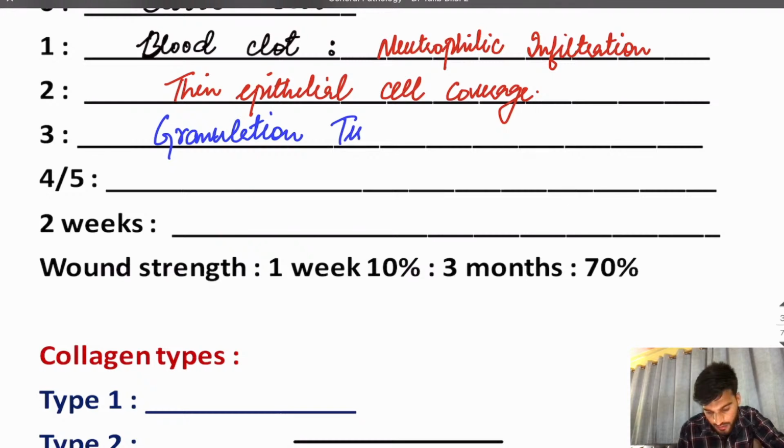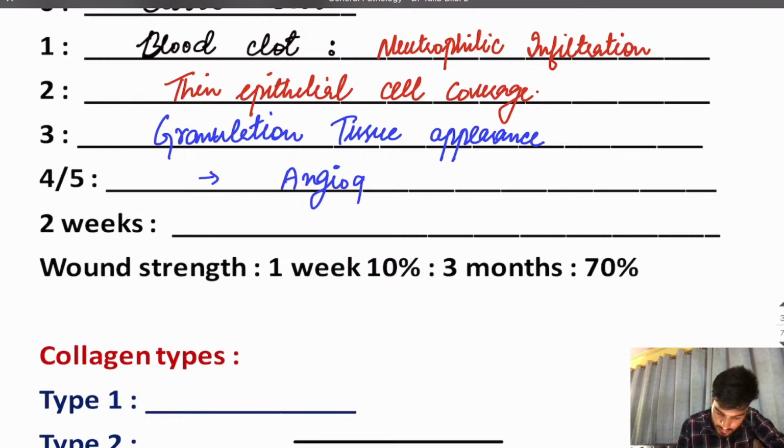Day 3 guys, granulation tissue appearance. Then further guys, there will be angiogenesis, 4th 5th day, formation of new blood vessels.